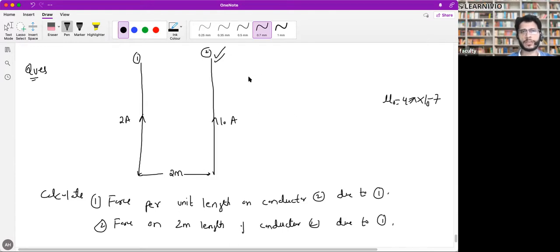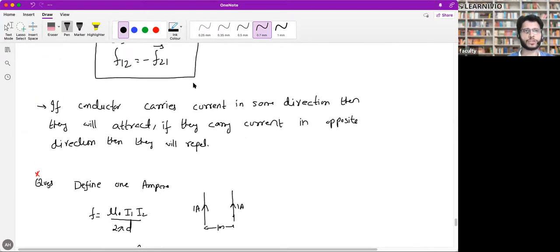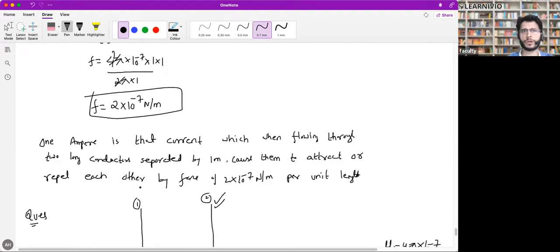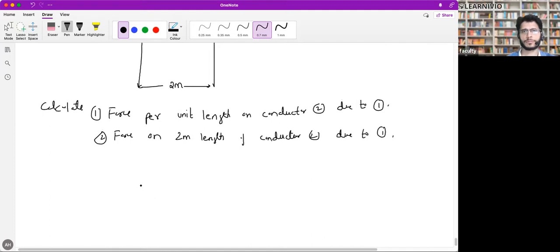Nazira, it's just a formula based thing. This is the formula that you're supposed to use. I have written the value of mu naught. Just put these values in that formula. Okay, Ahmed. Shahzada, it's not that lengthy. How much time do you need for this particular numerical?